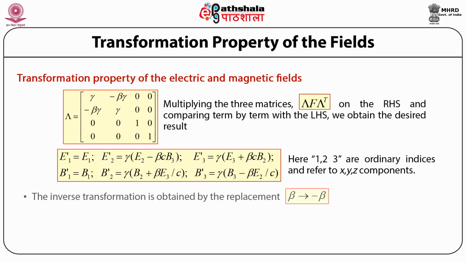Here we see that the inverse transformation for the above transformation equations can be obtained by a simple replacement of β going to −β.